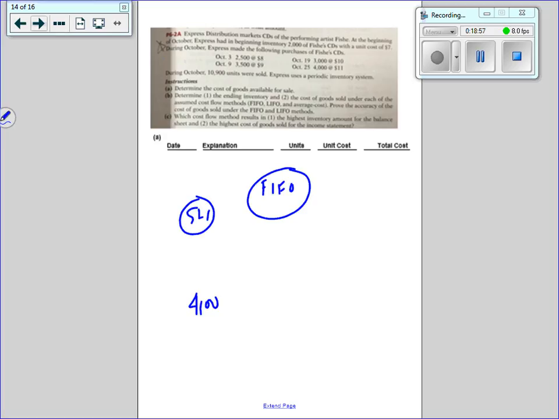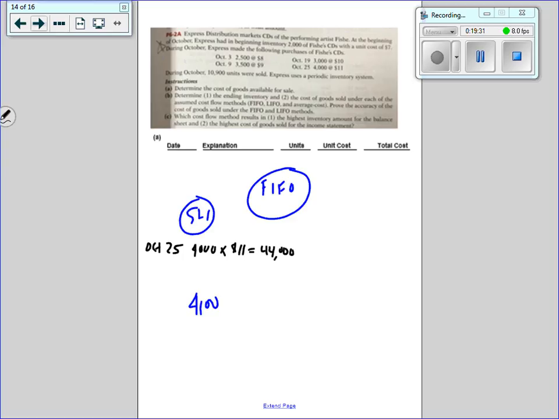My October 25th number, according to what I just calculated up there, was 4,000 times its $11 value equals $44,000. 4,000 is awfully close to 4,100. So then as I kick backwards to my next newest purchase, it looks like I bought 3,000 things on October 19th.